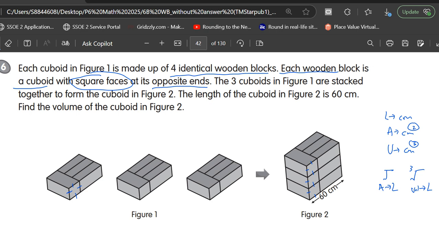Figure 1 shows you these blocks here. Each block here, the wooden blocks. 4 wooden blocks put together give you 1 cuboid.